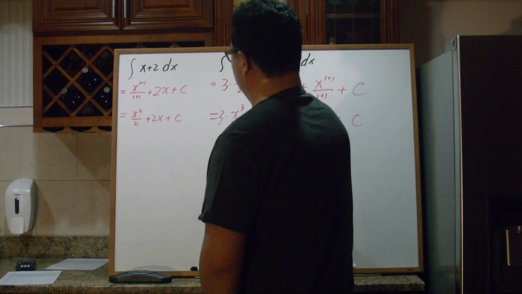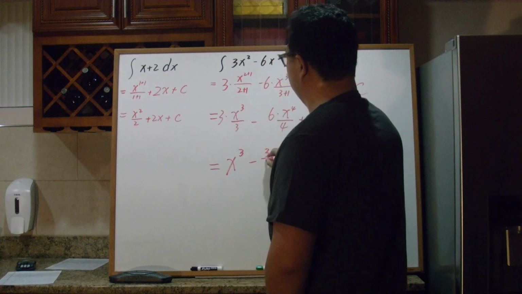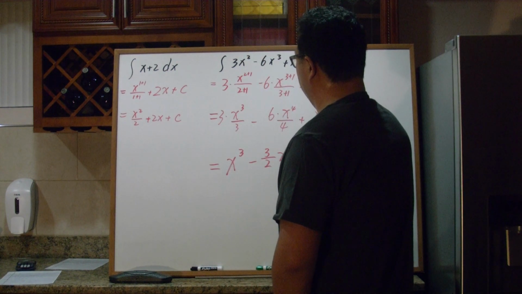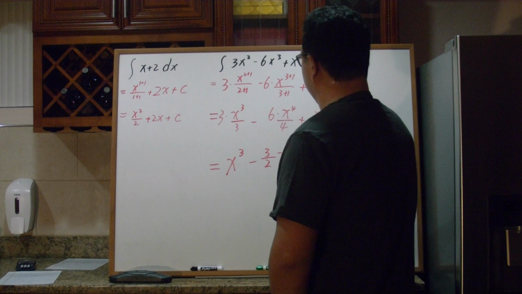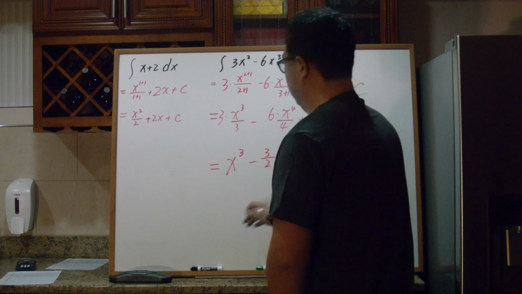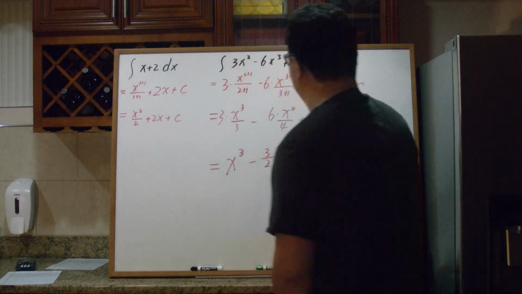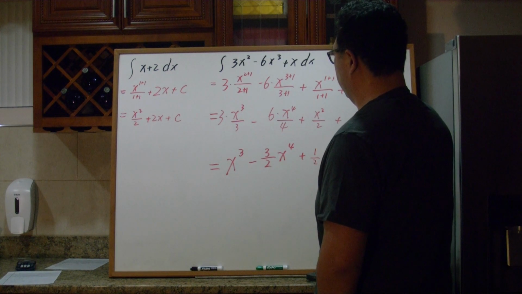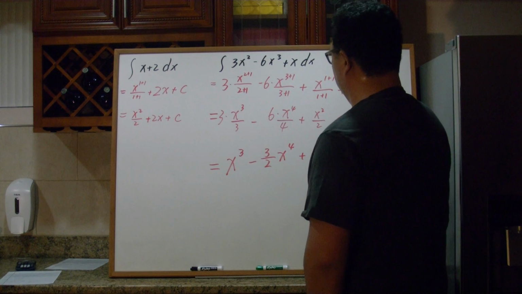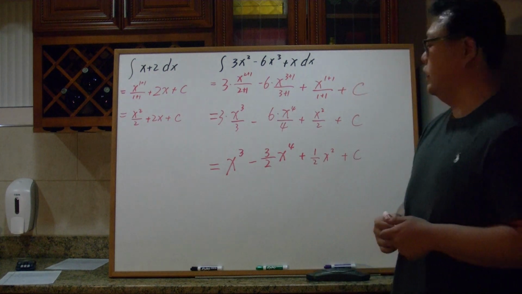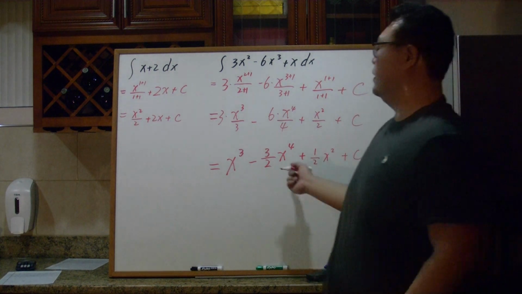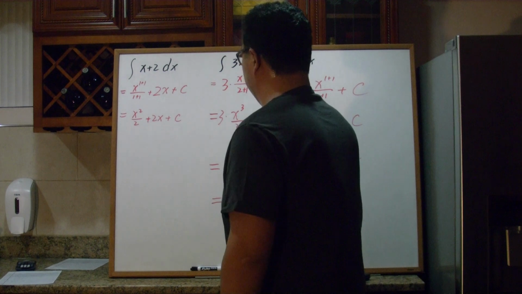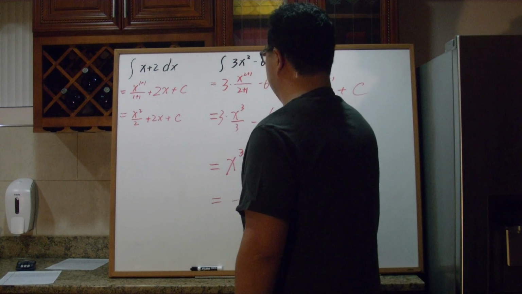We get x to the 3rd, minus 3/2 x to the 4th, plus x to the 2nd over 2, or if you want to be consistent, you could put 1/2 x squared, and plus c. Or if you want a nicer order, you could keep the powers in descending order.